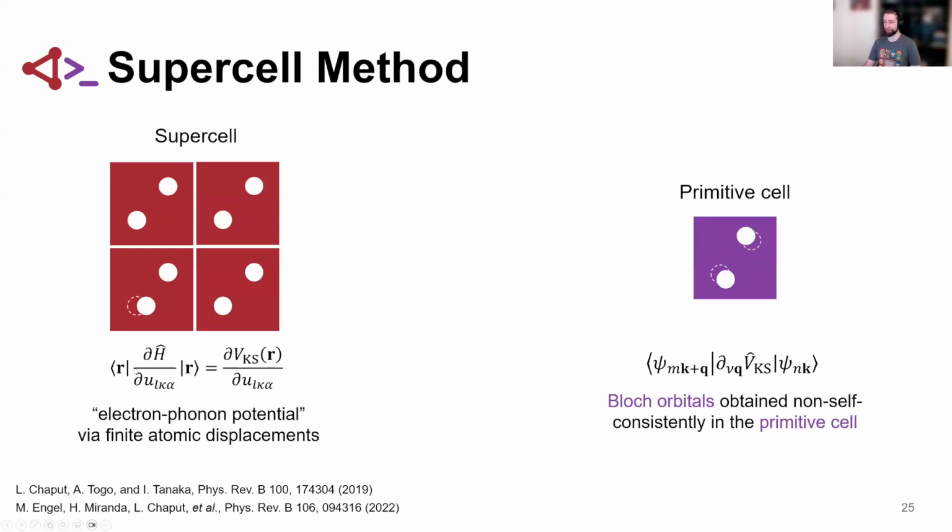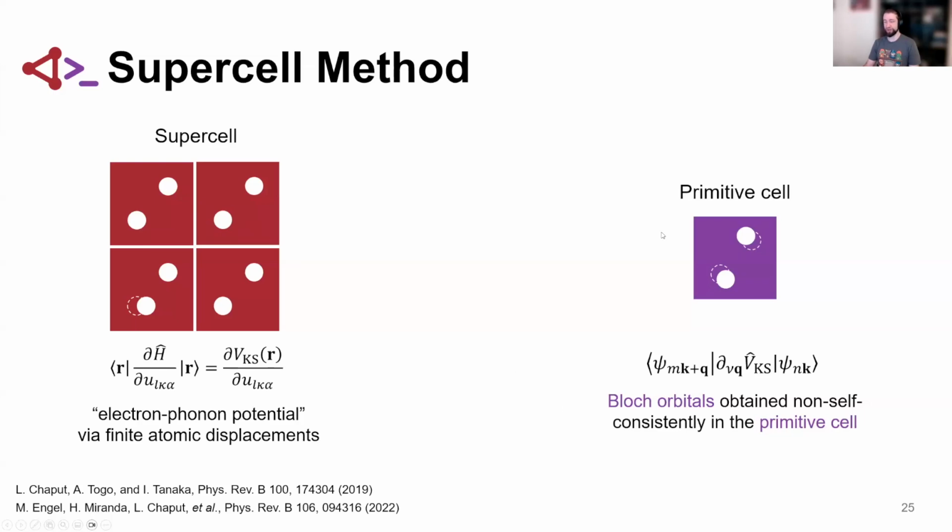So we have to go from our atomic displacement to a phonon displacement. On the previous slide, I showed you exactly the equation that you can use. And we also need to transfer from the supercell somehow to this primitive cell. If we can do that, then it's just as simple as taking the Bloch orbitals here and closing this perturbed potential between those orbitals to get our matrix elements.